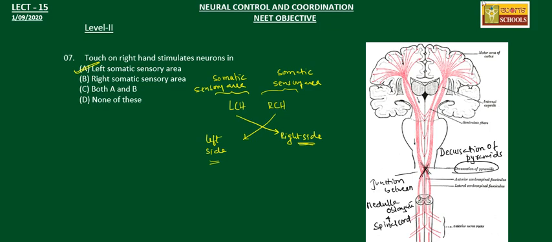One more point: the right side sensory information is received by the left cerebral hemisphere that has this somatic sensory area, and vice versa. So option A is the right option.